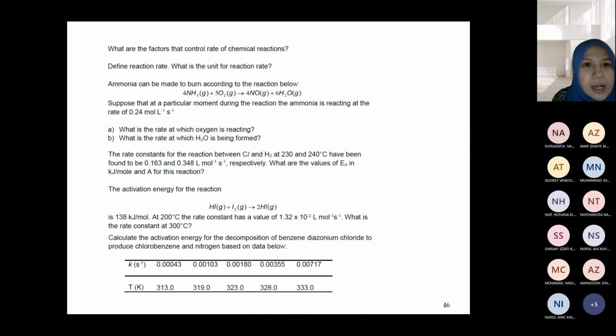Okay, so unit for reaction rate dia, unit apa? Ingat lagi, dCA/dt apa unit dia? Mol per liter second. Ya, betul. Mol per liter per second. Okay, so this one, I lupa nak tulis. dCA/dt. Okay, so dia akan jadi mol per liter per second.